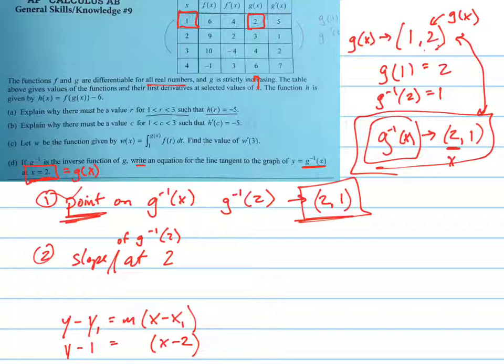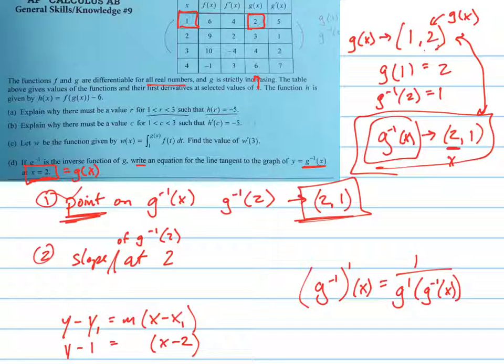The formula for the derivative of an inverse function is equal to 1 over the derivative of the function with the inverse plugged into it. That's your formula.